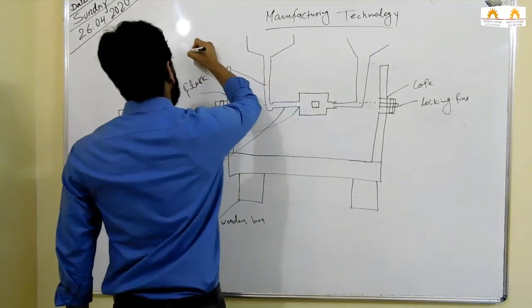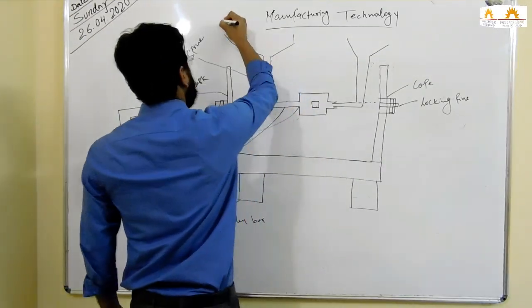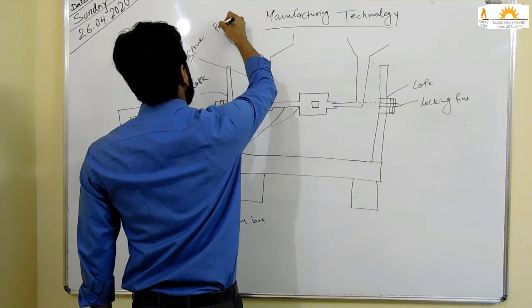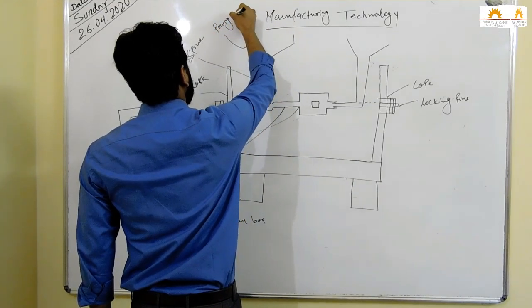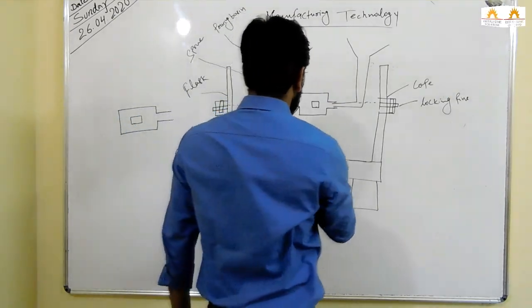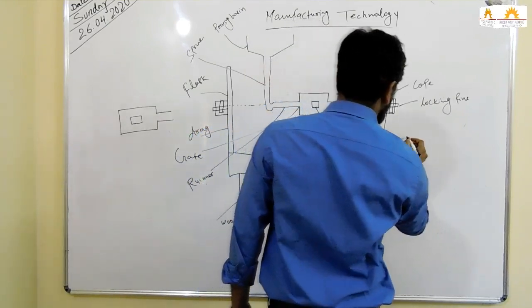This one is the screw, and this one is the pouring basin. Pouring basin.